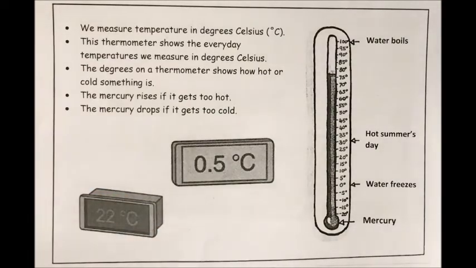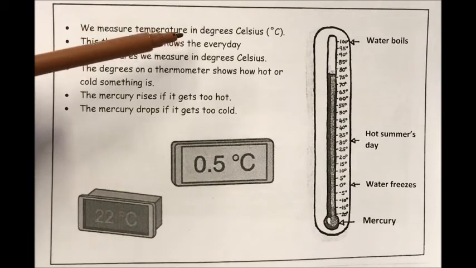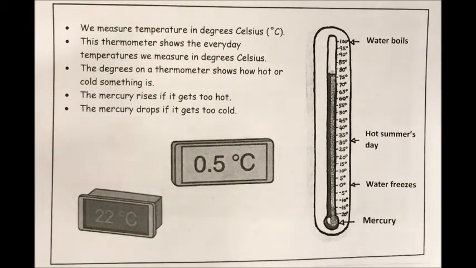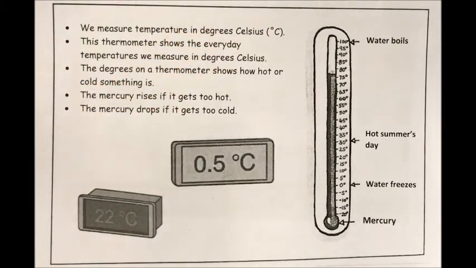So let's read. We measure temperature in degrees Celsius. You can highlight these two words, degrees Celsius, as well as the symbol, which is the degree sign and then the capital letter C. This thermometer shows that everyday temperatures we measure in degrees Celsius, so that's your normal one.